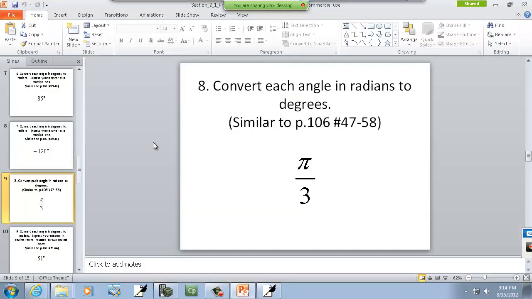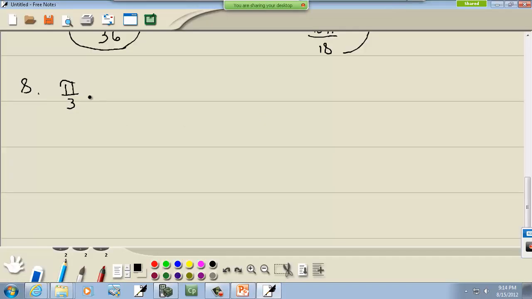You just have to remember that key fact that I mentioned. This says convert each angle in radians to degrees. Well, again, I'm going to put radians here just to really emphasize it, and I can put that over 1 if I need be. And if that's radians up here, this has to be radians down here. So put pi radians here. And again, we said pi is equal to 180 degrees, so 180 degrees goes up there.